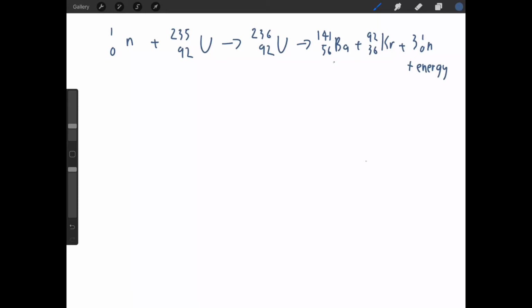Right, so on to question 4. We have a typical equation for nuclear fission, which I've written out there. We've been asked to describe the process of nuclear fission, which is actually fairly simple, but there are a few key words that we need to state. So first of all, what's going on in this bit? Basically a uranium nucleus, and make sure you say nucleus, you can't say atom.